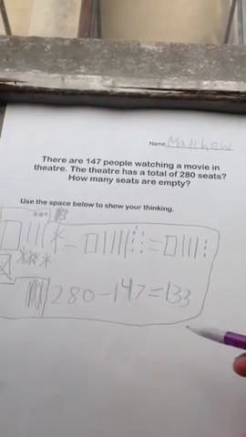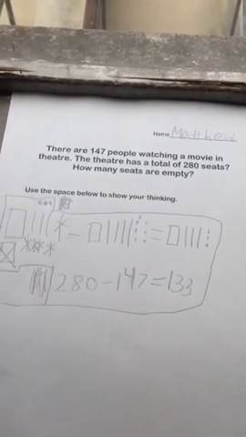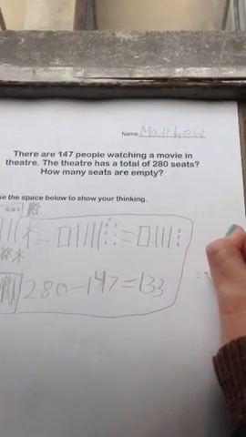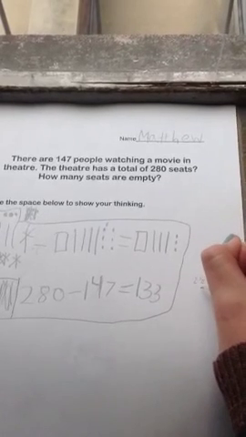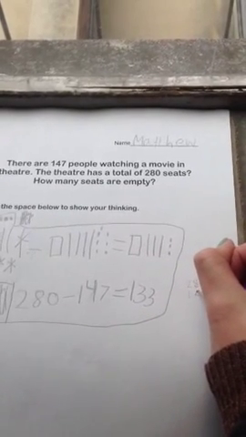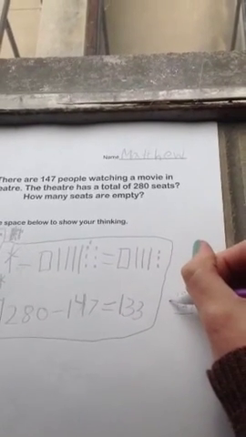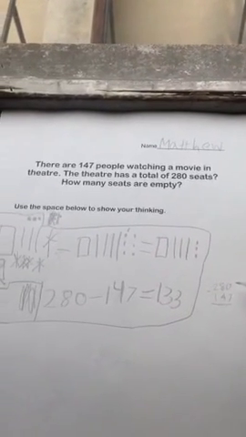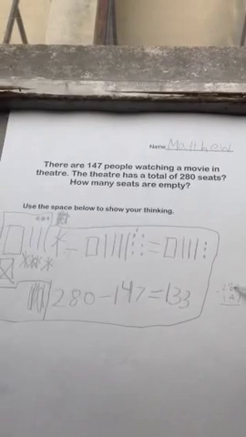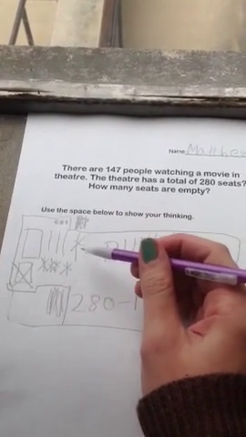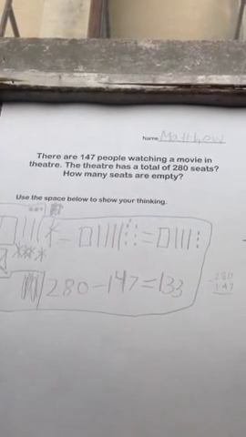These visuals can really assist Matthew when he's using his standard algorithm because it can be connected. So if he had written out the standard algorithm normally as 280 minus 147, then he would be able to connect to the fact that he still has 0 of those ones, just as he did over here when he was doing the visual version of his subtraction problem.